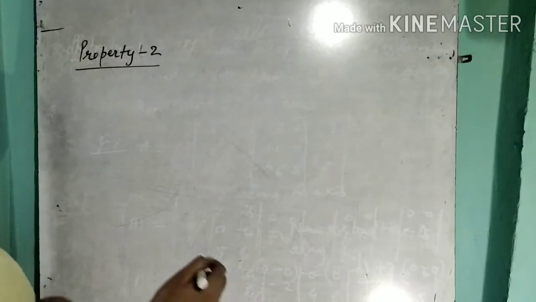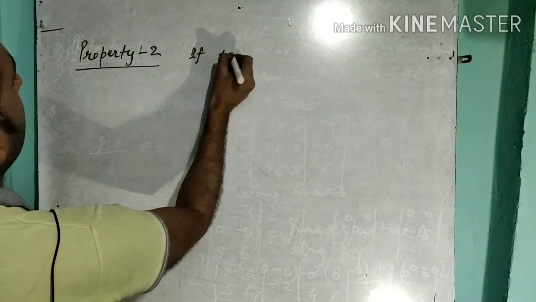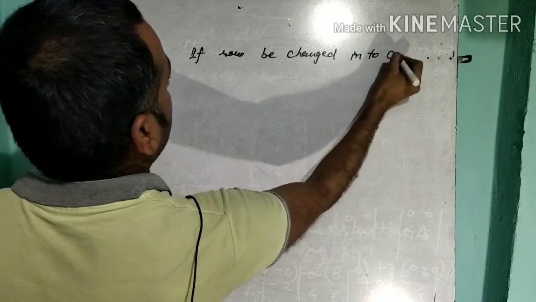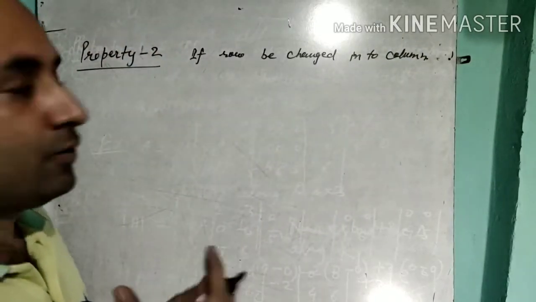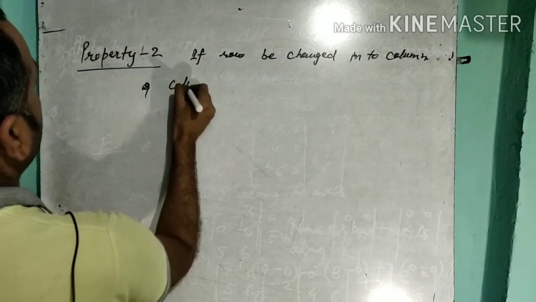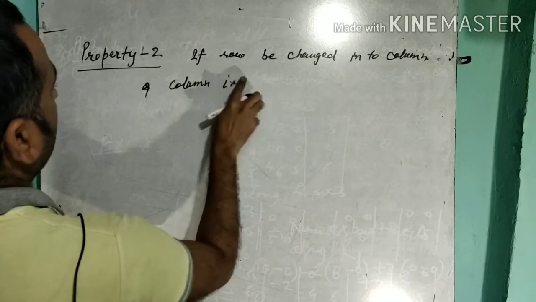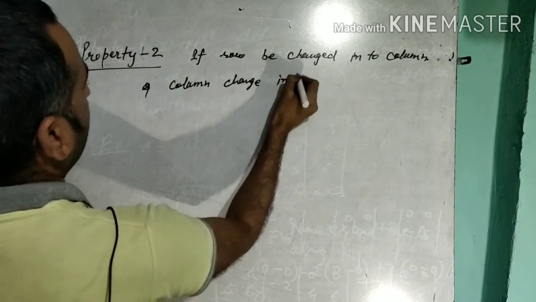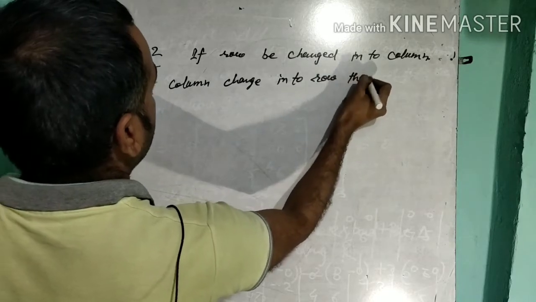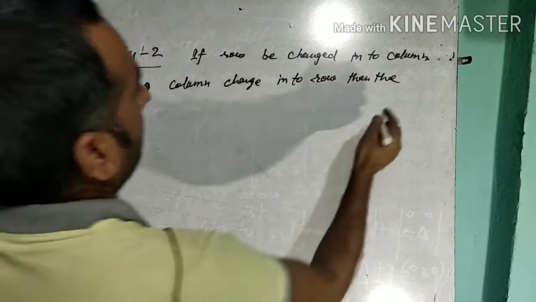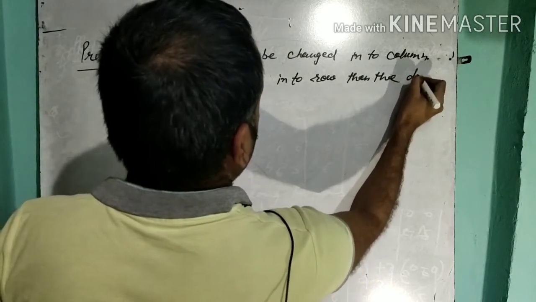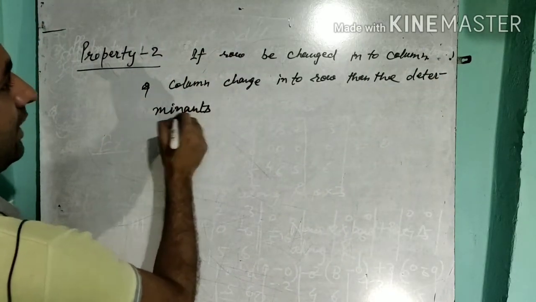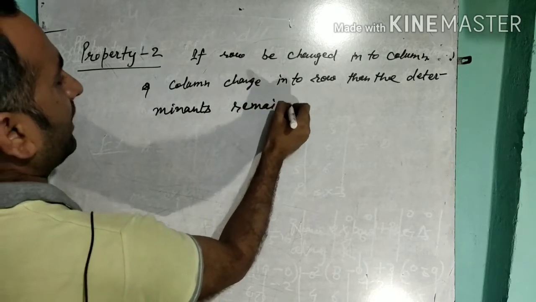Now I am going to write here: if row be changed into column and column changed into row, then the determinant remains unaltered.